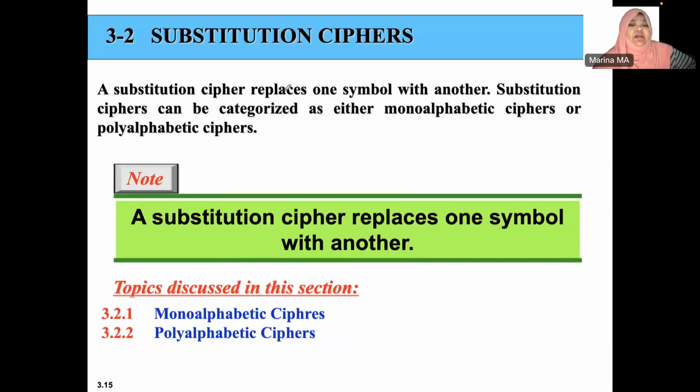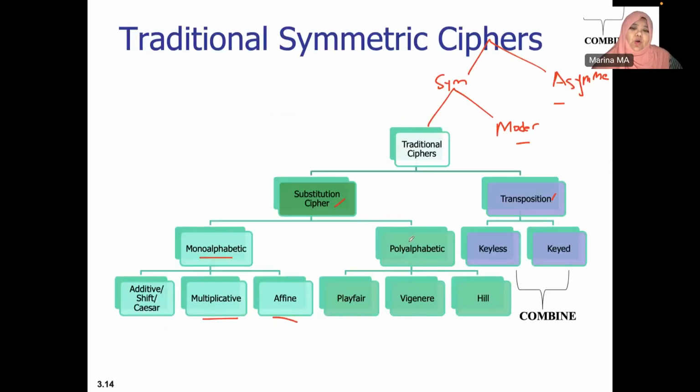Substitution cipher replaces one symbol with another. Actually, substitution cipher can either be monoalphabetic or polyalphabetic.